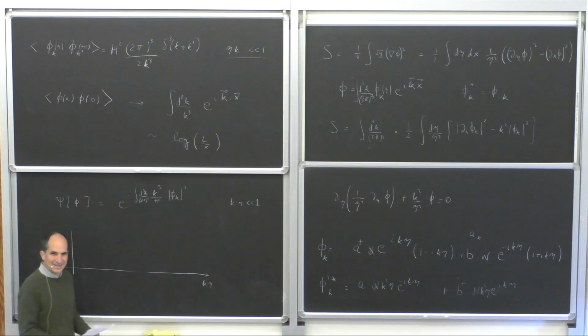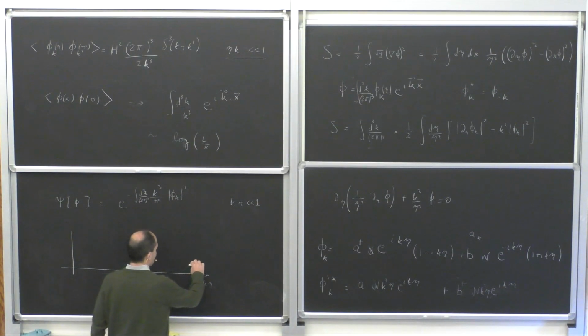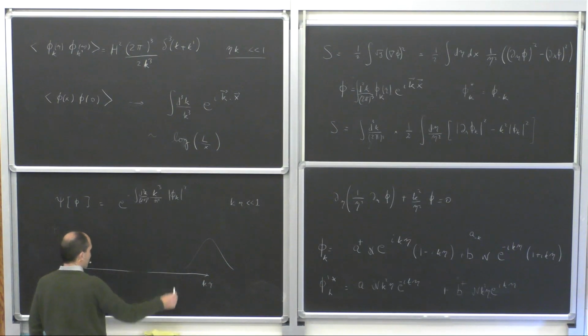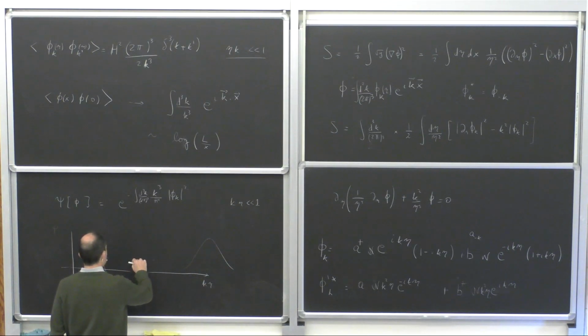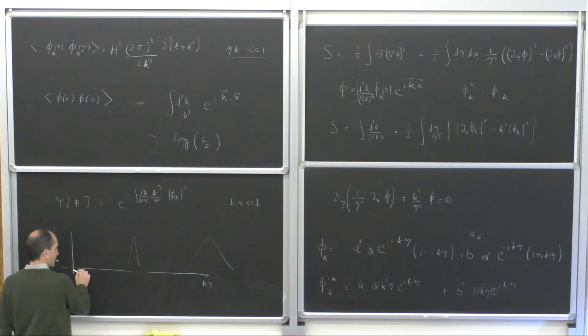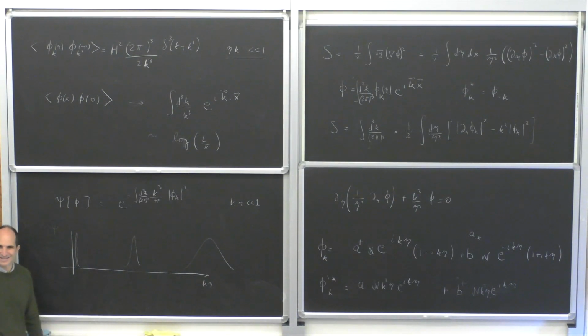So this is psi, roughly a picture of psi. As k eta becomes smaller, we could have a narrower wave functional. And finally, for very late times, we naively would expect that the wave functional of a field with very tiny mass should be a very tiny little Gaussian.